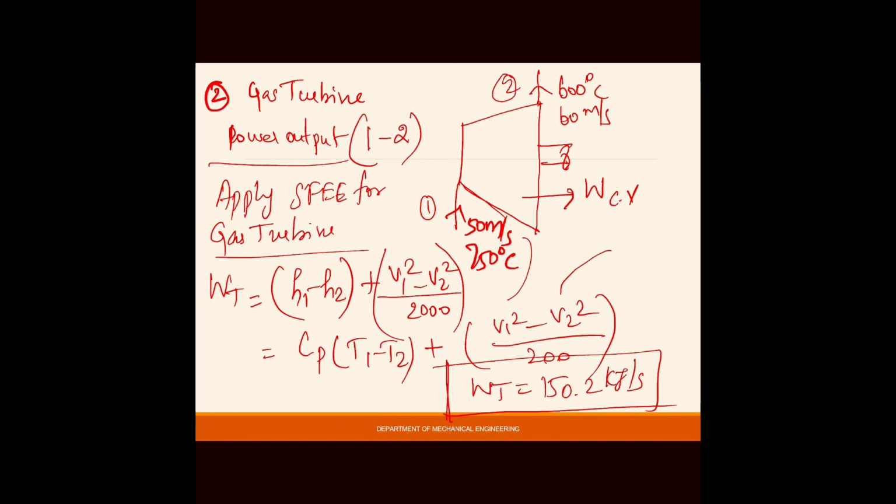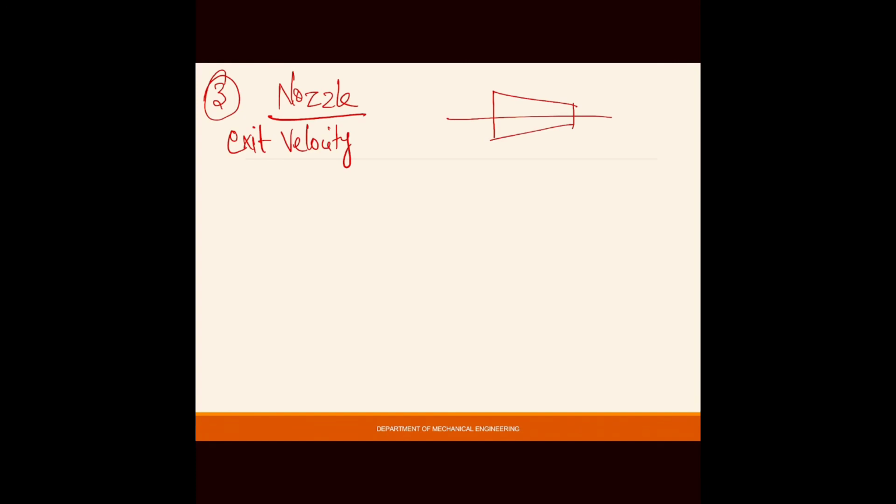Okay, so now we will move on. The third mechanical component is the nozzle. Here we have to find out the exit velocity. First of all, I draw the diagram. So we see the nozzle at stage 2 to 3. For the heat exchanger 0 to 1, for the turbine 1 and 2.